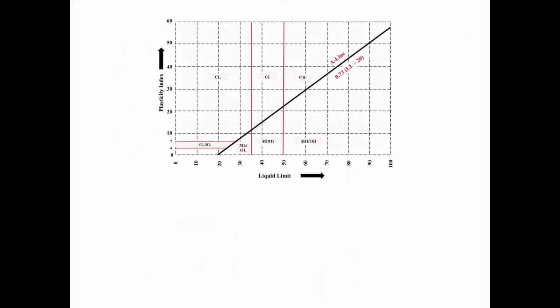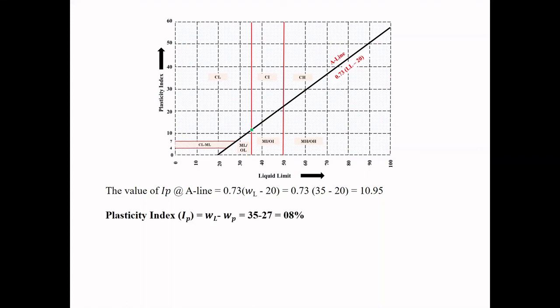So we'll take the plasticity chart and find the value of plasticity index corresponding to the A line. In this case, the value is 10.95 and we'll plot it on the plasticity chart. Similarly, we'll find the plasticity index of the given soil, which in this case is 8%, and plot that value on the plasticity chart as well.